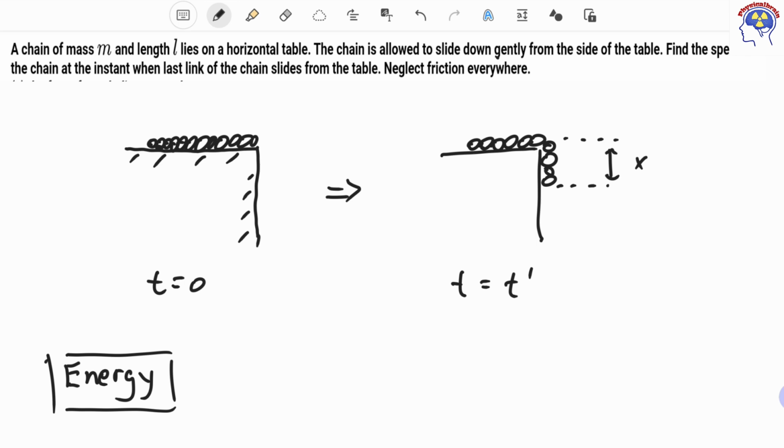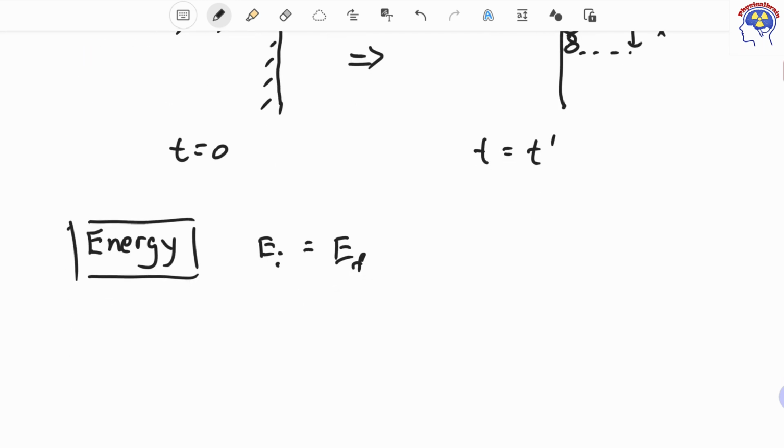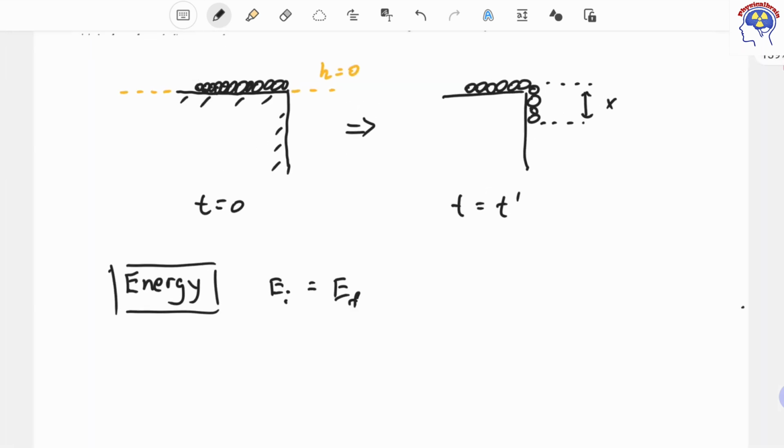we will assume that the height will be 0 at the surface of the table. This will be h equals 0. Now we know, because there is no friction, the initial energy of this chain will be equal to the final energy of this chain. So the chain starts in the beginning with really small velocity, because it just got hit and the chain didn't start to move yet.